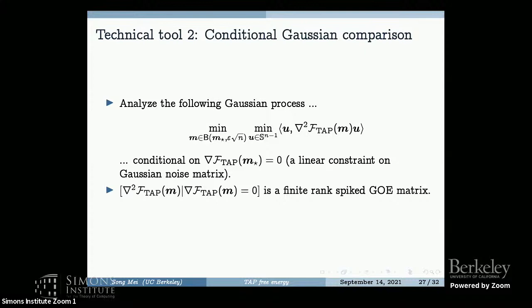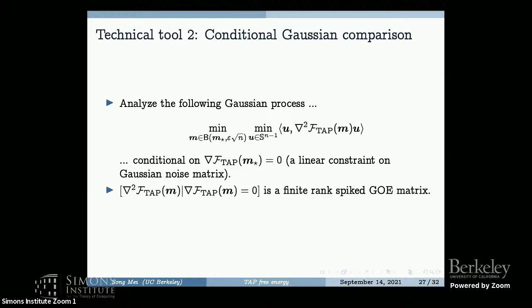and the quantitative neighborhood of M star, conditional on the event that M star is a critical point of this type energy. And the good thing about this Gaussian process is that even if we condition on this constraint, this type energy is still a Gaussian process. The Hessian of the type energy is still a Gaussian process, a finite rank perturbed GOE.